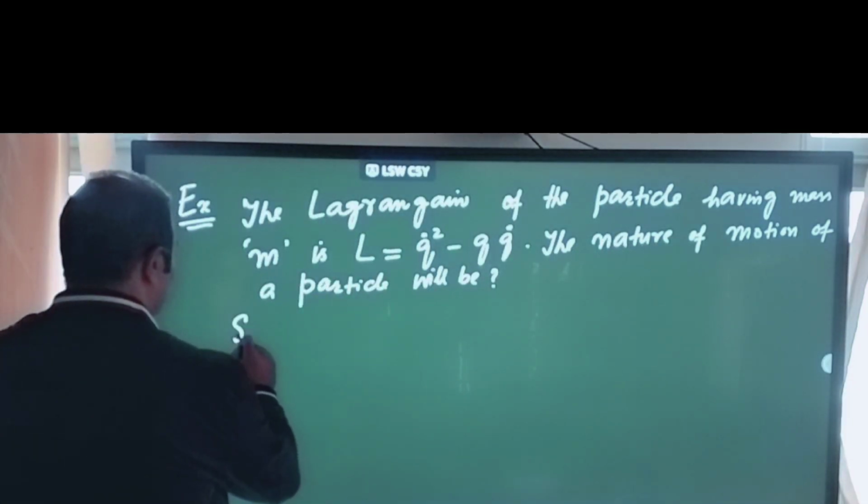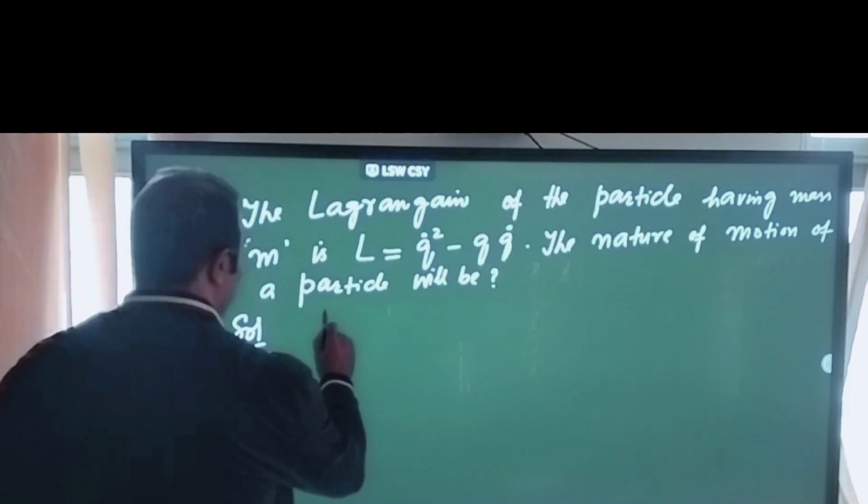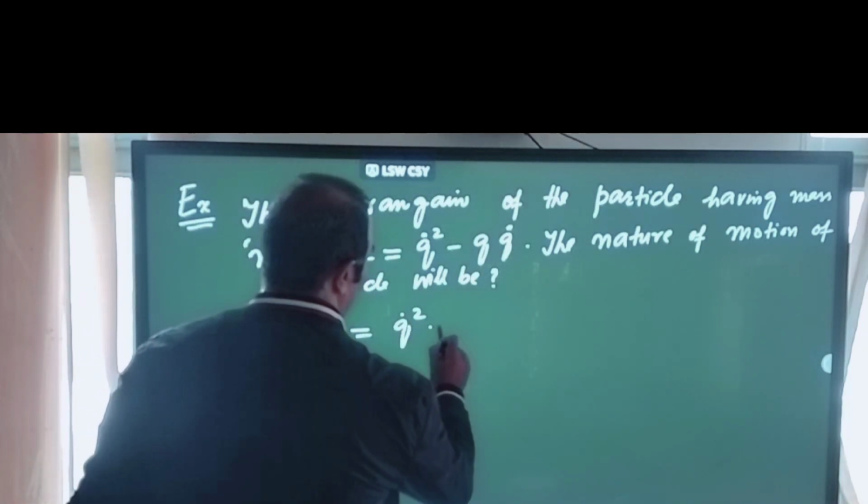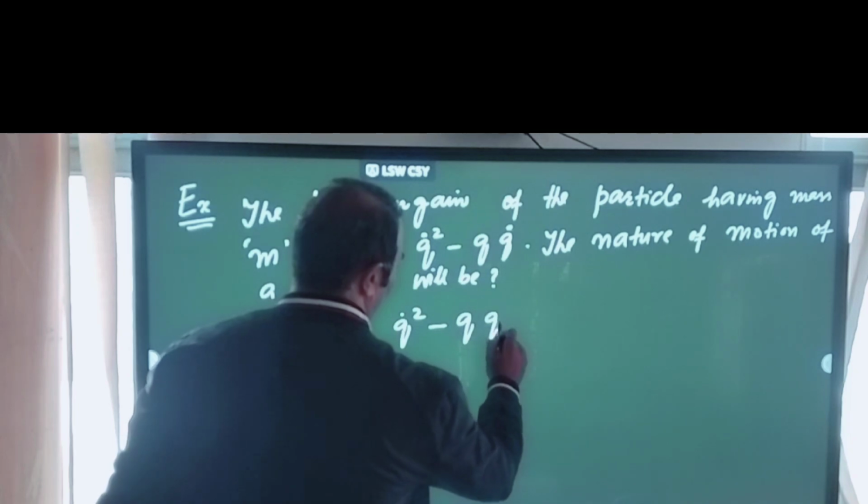तो मैं लिख सकता हूं यहाँ पे कि जो हमारा Lagrangian है, तो that is equal to q dot square minus q dot.